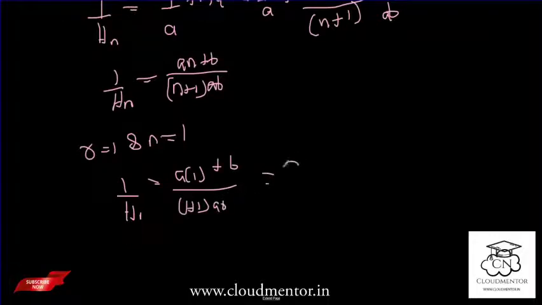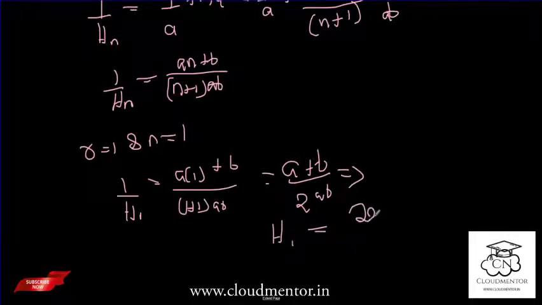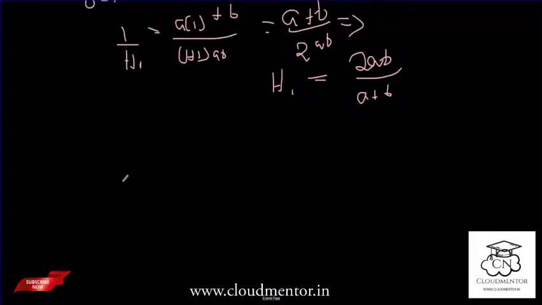So we got (a plus b) by 2ab, and that's the harmonic mean, that is h1 equal to 2ab by (a plus b). So if we insert one harmonic mean between two numbers, then the harmonic mean will be equal to 2ab by (a plus b).